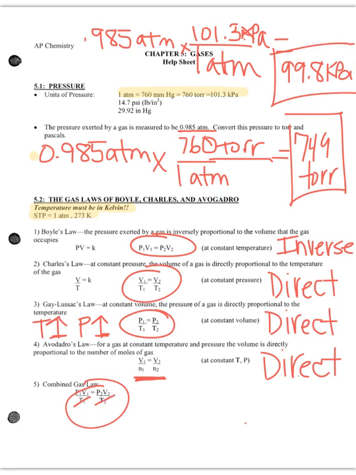And then you end up with P1V1 equals P2V2. So once again, you don't need to memorize all the separate names and all the separate little equations. Just remember the combined gas law. And then from there, whatever's constant, you just cross out on both sides.